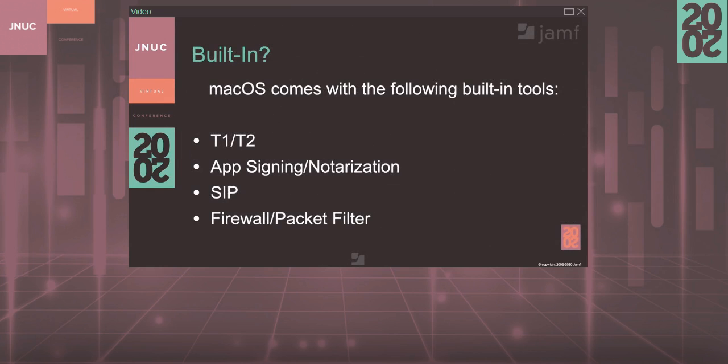The great news is Apple, in both hardware and software, does in fact have built-in tools. Let's go through some examples of where this can actually be incredibly helpful as you introduce Apple devices to your environment. First is a silicon chip on each Mac that has been introduced in the T1 and now the T2 chip that has the Secure Enclave.